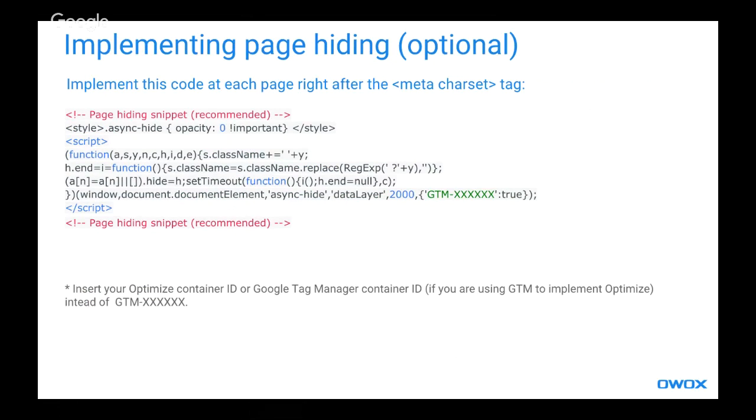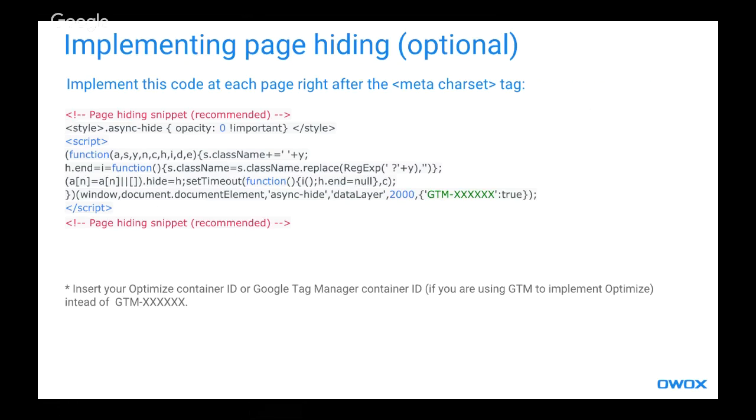Another thing to keep in mind is that if you have many elements on the website and some of them might load earlier because of using Optimize, and you don't want your page to jump or to change colors before it loads, you can implement page hiding. It's optional.